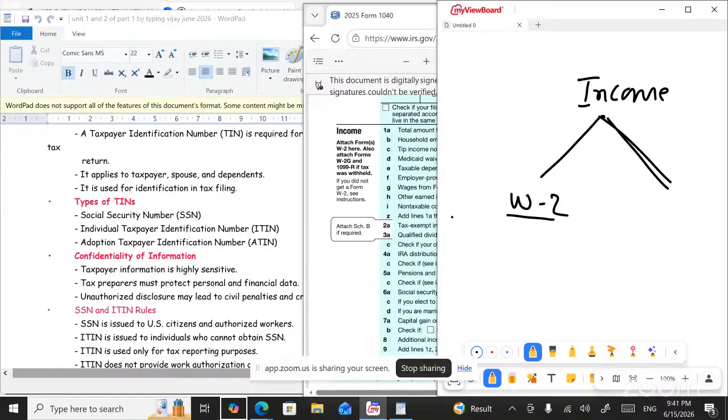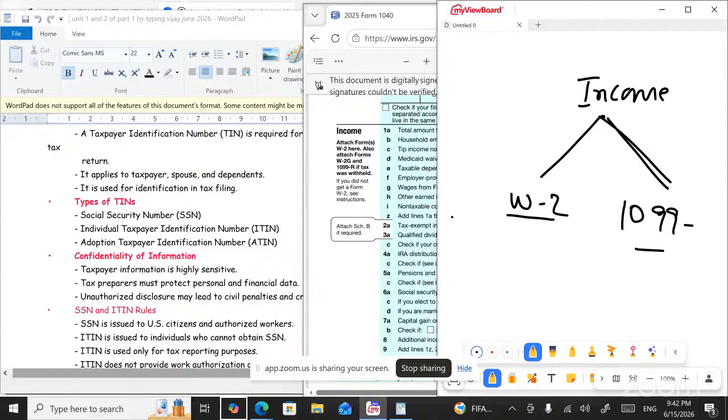Suppose a person gives service not in the form of an employee. Suppose you use the service of a carpenter for 10 days. He is not our employee. He is providing his service not in the capacity of an employee. That kind of person also gets income, but not in the form of salary. Such persons receive Form 1099.